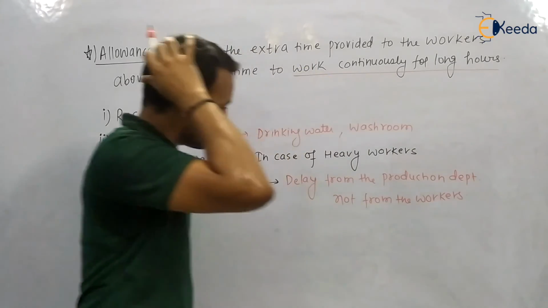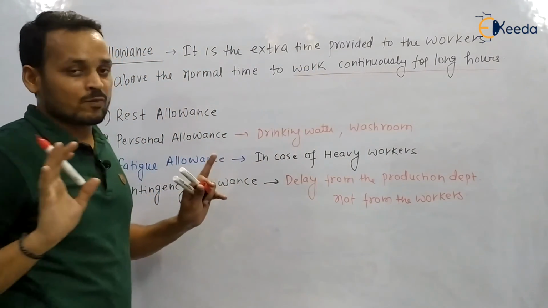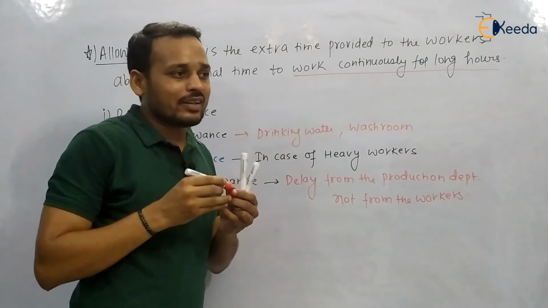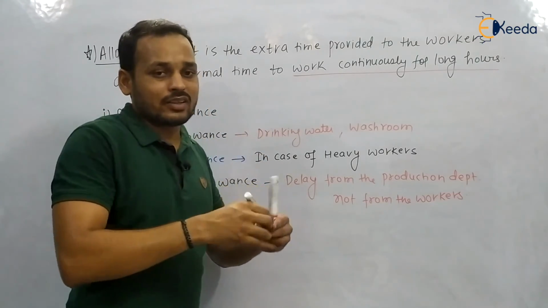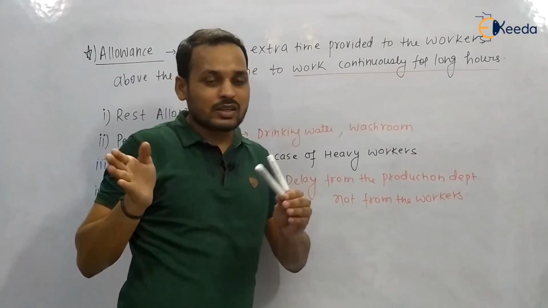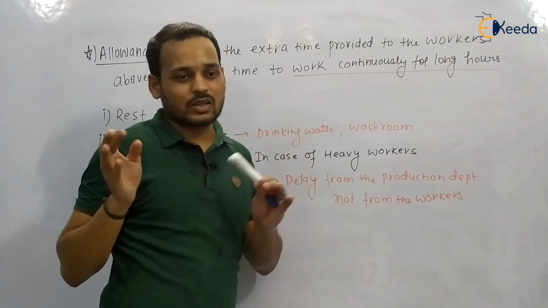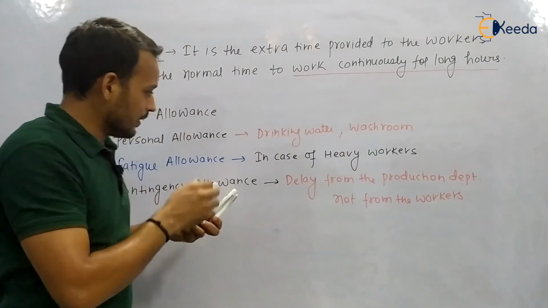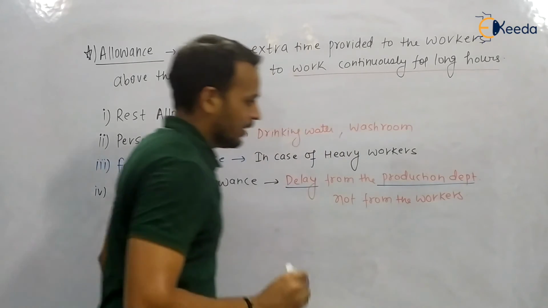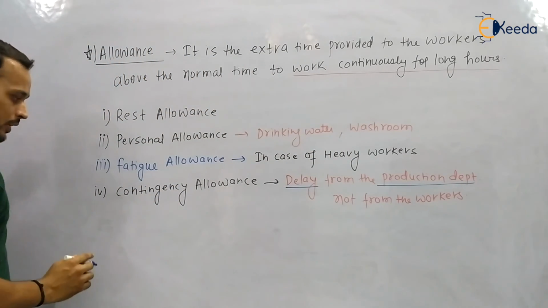Whenever there is a delay from the production department, the delay is not from the side of workers, that delay is from the production department. Either there is a machine breakdown, or there is power failure, so the worker will get a chance to take the rest. So when the delay is from the production department, then this type of allowance is known as contingency allowance.